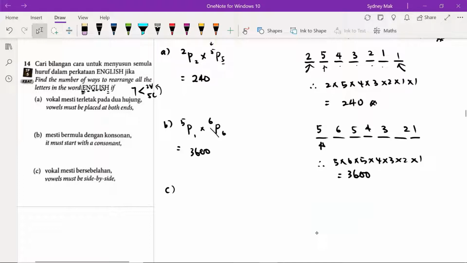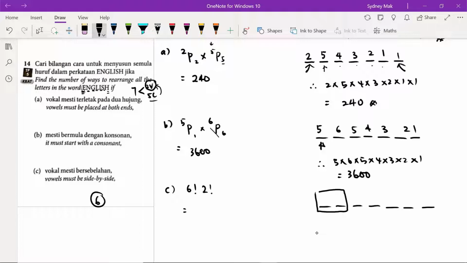The vowels must be side by side. When vowels must be side by side, we take them as one item. So all in all, we will have 5 consonants plus 1 item, 6 items to arrange. Therefore, for this one, we take 6 factorial. Not forgetting the vowels among themselves, they will also permute with each other, followed by 2 factorial. If I were to use the fill in the slot, I would do it like this: 1, 2, 3, 4, 5, 6, 7, whereby these 2 must be together for the vowels.